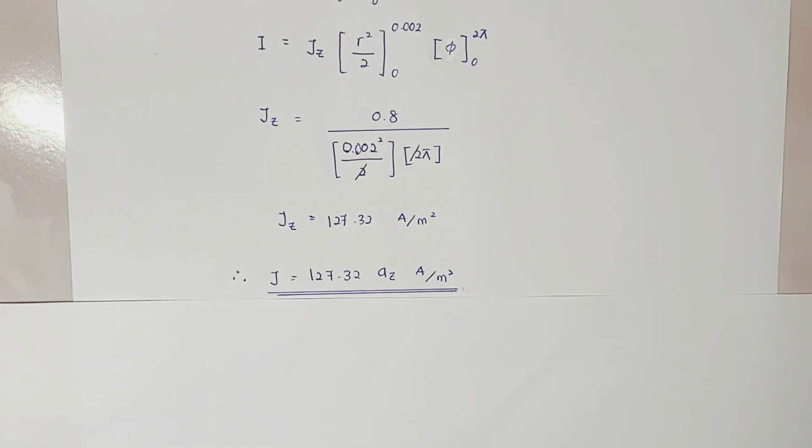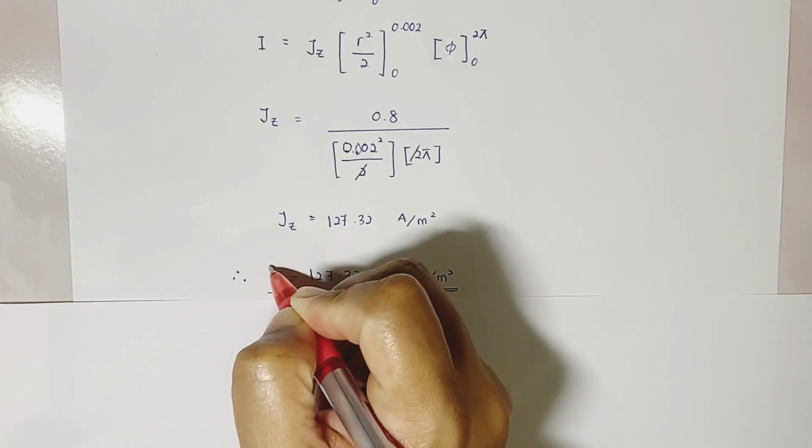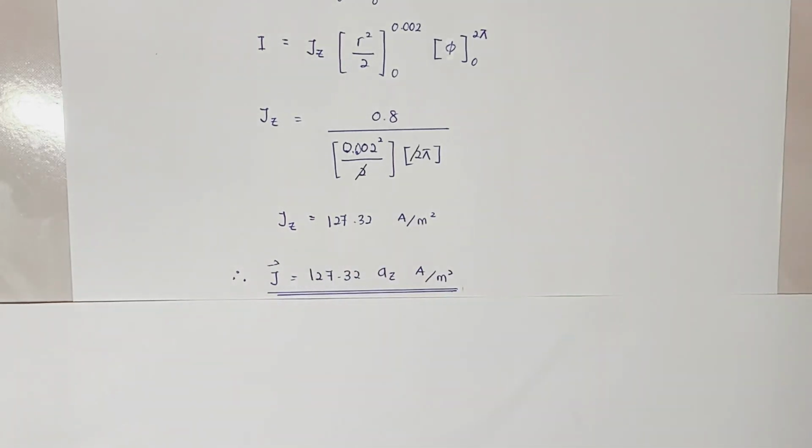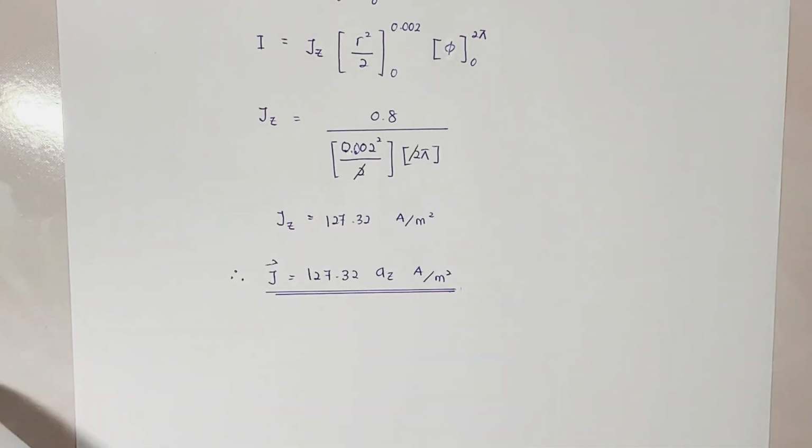But in order to find the vector J, you need to give the direction: 127.32 az ampere per meter squared. This is the answer for the current density across the wire. Thank you.